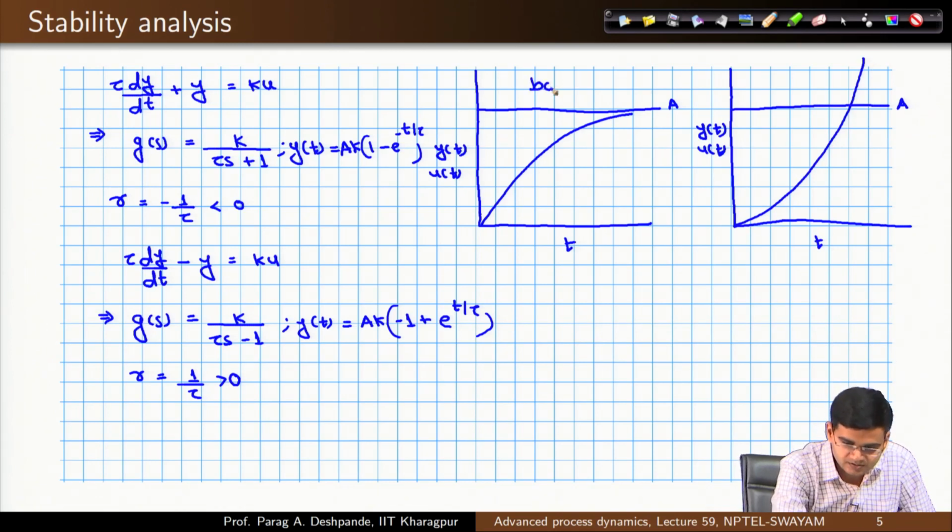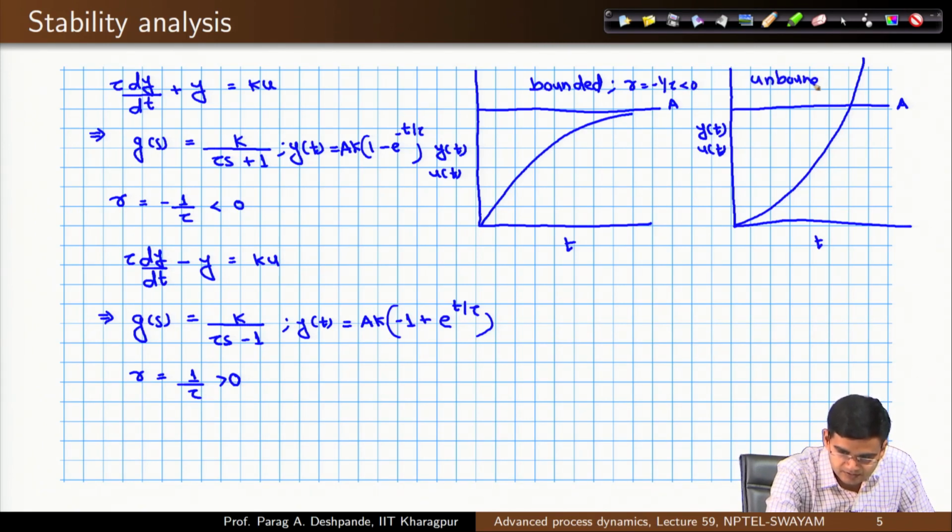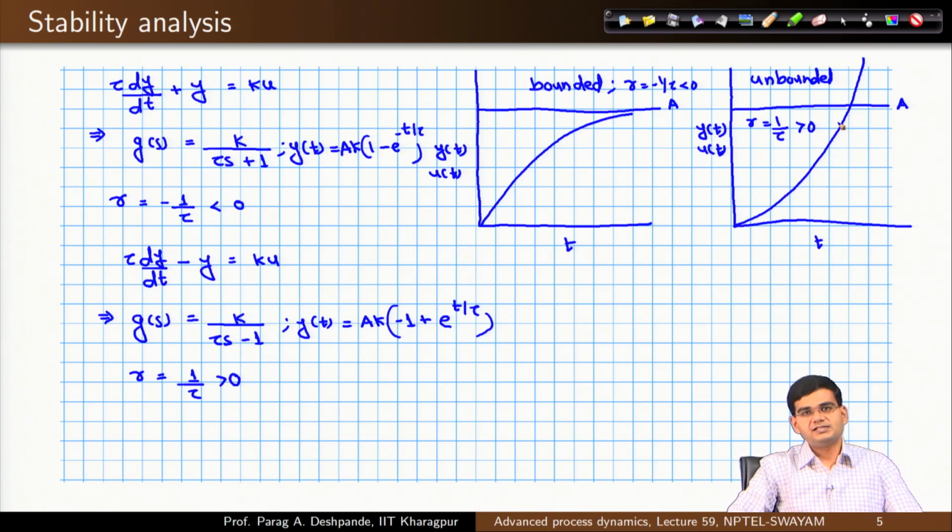So, bounded when r was minus 1 over tau, less than 0, unbounded when r was 1 over tau which is greater than 0, as simple as that. So, you can simply look at the transfer function and comment upon the stability.